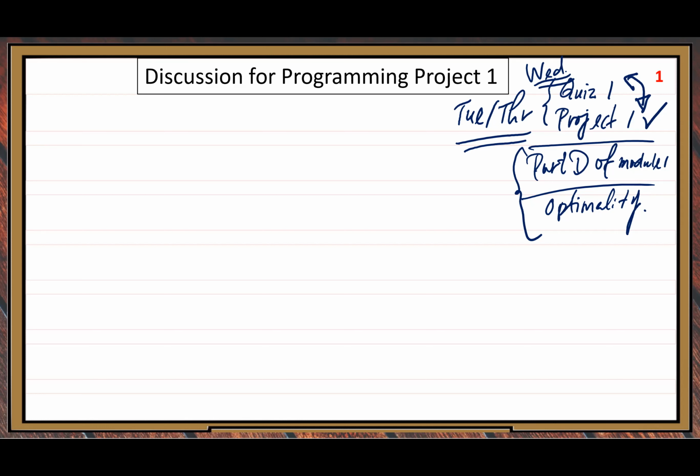Then for project 1, let's go back to our project 1. I gave you some information last time about the project 1, right? So let me just repeat that another time. For project 1, we need to do evaluation, or we need to calculate the value of a polynomial, given polynomial.